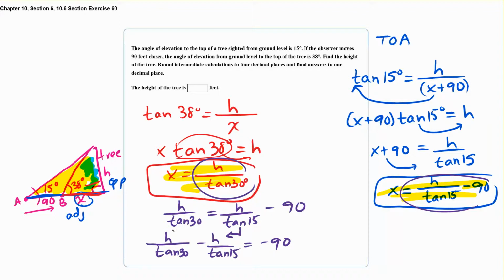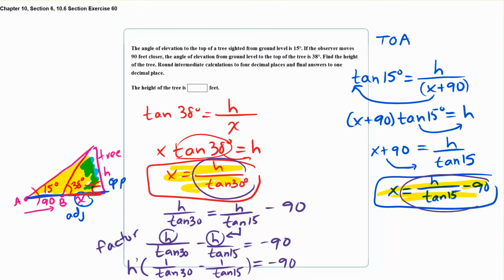What we can do, since the h's are on the same side together, is we can factor the letter out. So I take h to the side and put parentheses, and the h's are both on top of these fractions. So what you have when you factor that out is 1 over tangent 38 minus 1 over tangent 15. So the h's come out and you replace it with a 1 on top.